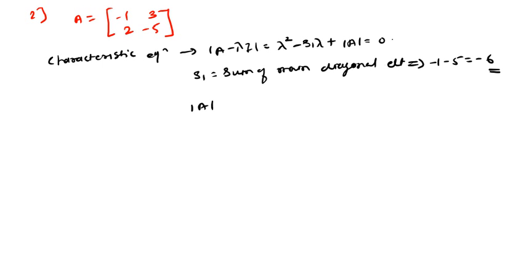And the determinant is minus 1 into minus 5 minus 3 into 2, which is 5 minus 6, equal to minus 1.